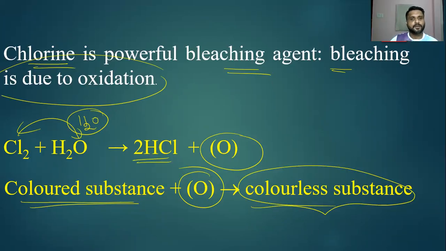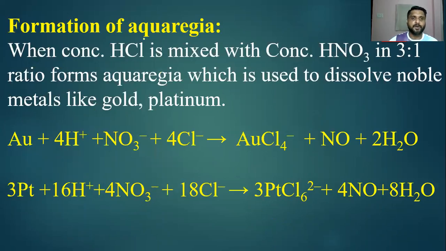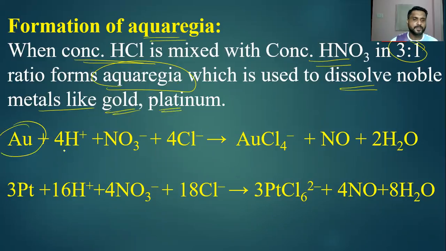We'll proceed now. Next one, about aqua regia. When concentrated HCl is mixed with concentrated nitric acid in a 3:1 ratio, it forms aqua regia, which is used to dissolve noble metals like gold and platinum. Gold forms the complex AuCl4 minus.